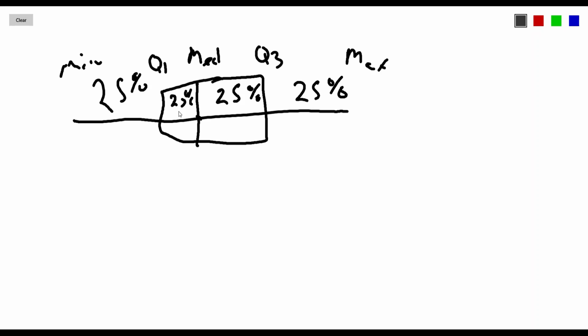Which plot has a greater interquartile range? And that would be B. Because the interquartile range is Q3 minus Q1.